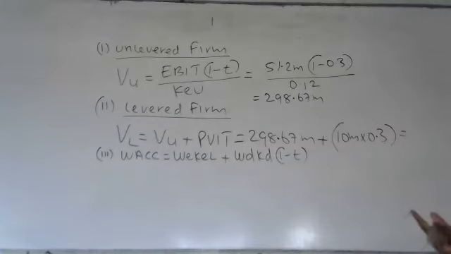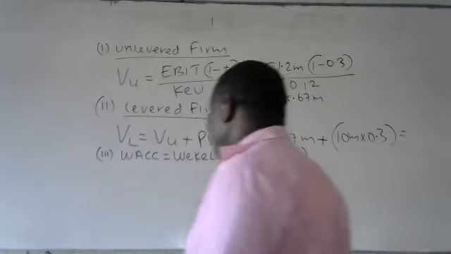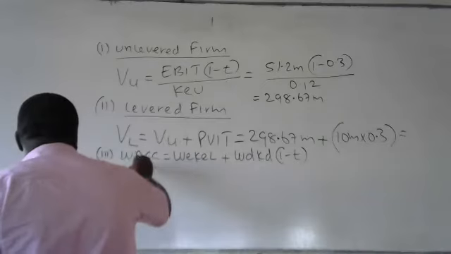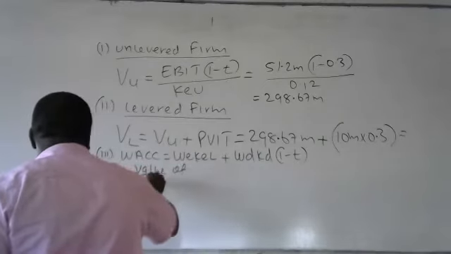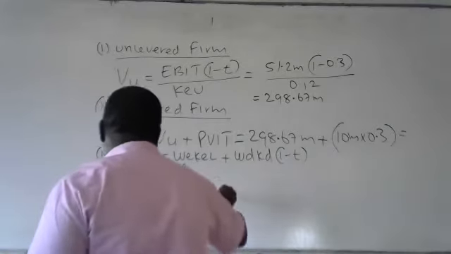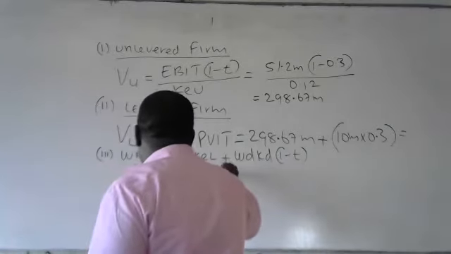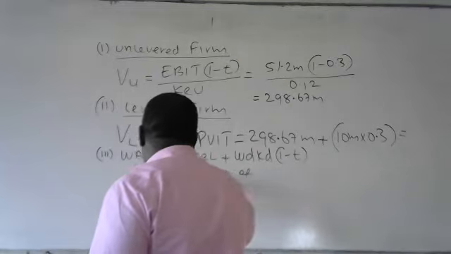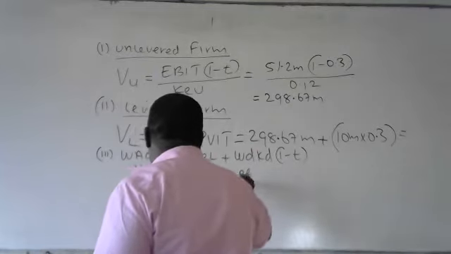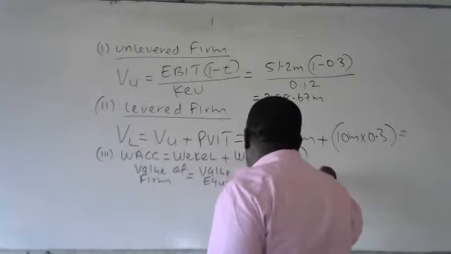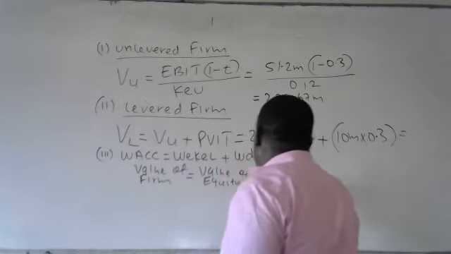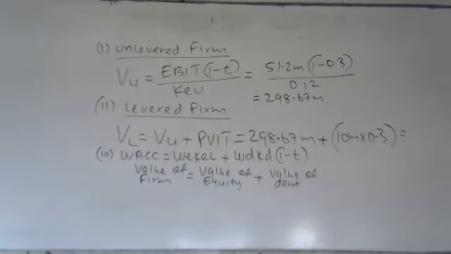But at that point, start by getting the proportions, where the value of the farm should be equal to the value of equity plus the value of the debt. So this value for the farm, which figure are you getting? 300 and what?